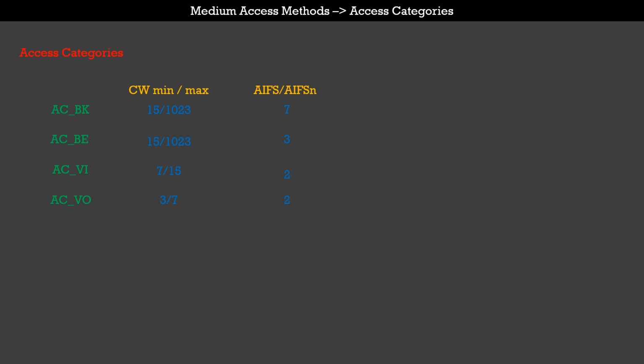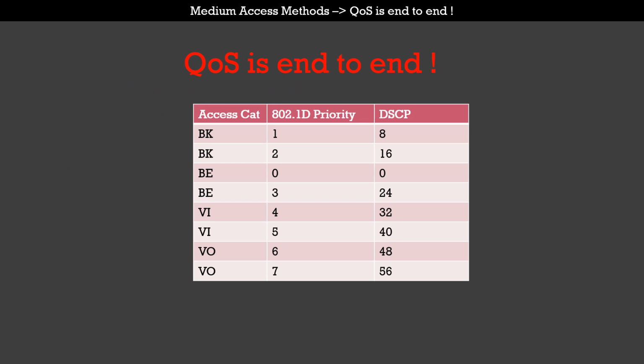One important point to consider here is that quality of service always has to be end to end, which means that the mechanisms we discussed earlier in this video pertain primarily to the wireless LAN side of things.